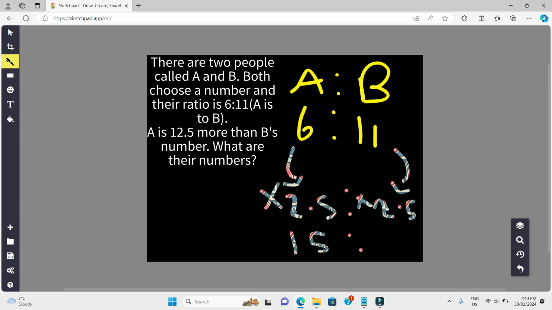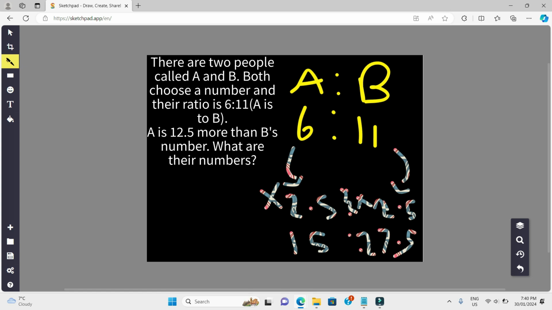Actually, I don't need the ratio, you don't need the ratio, just leave it. I get 27.5 and the difference is actually 12.5, which is cool.